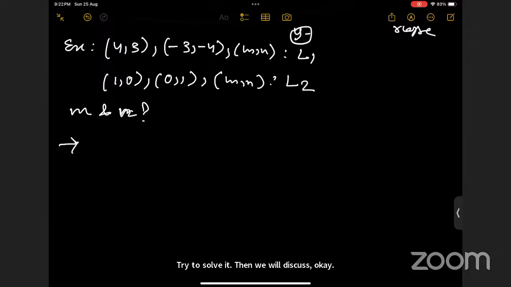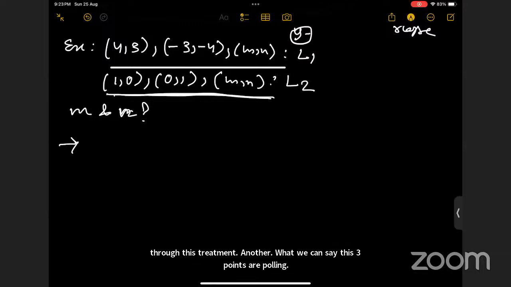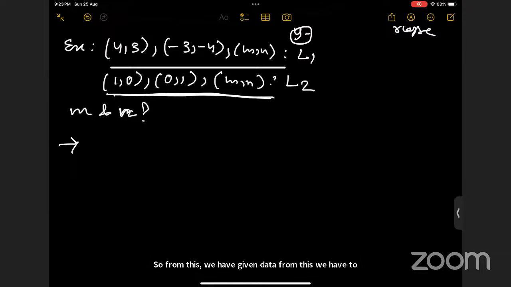Here we are given that the line L1 passes through these 3 points and the line L2 passes through these 3 points. In other words, we can say these 3 points are collinear and these 3 points are collinear. So from this given data, we have to calculate the value of m and n. Try to solve it.